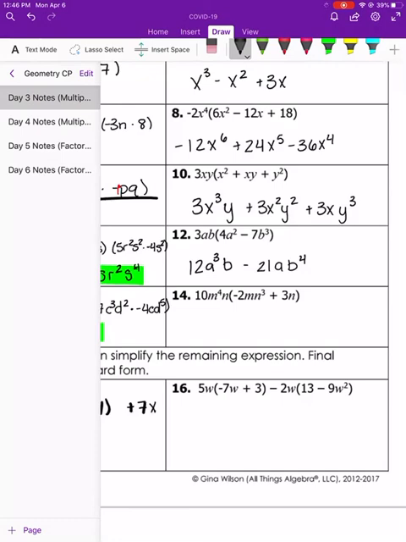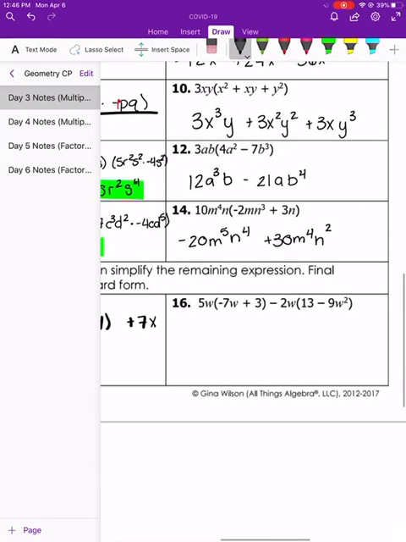And then for 14, you should get negative 20m to the 5th n to the 4th plus 30m to the 4th n squared. And then for the very last problem, your final answer should come out to be 18w cubed minus 35w squared minus 11w.